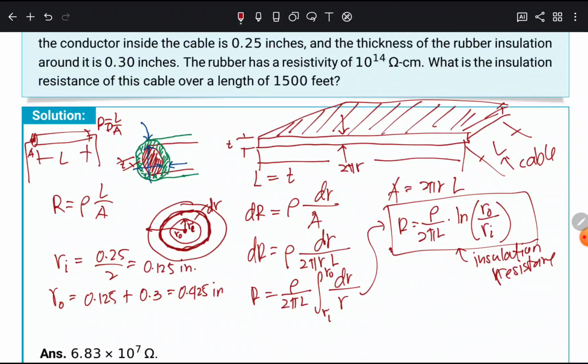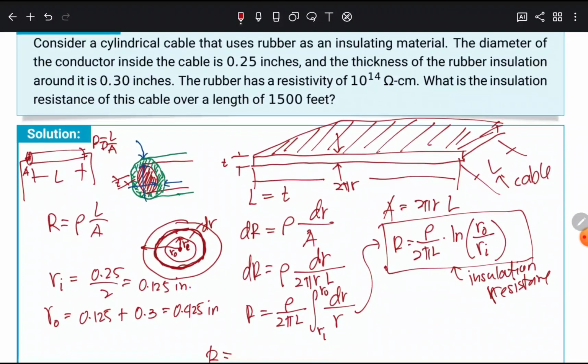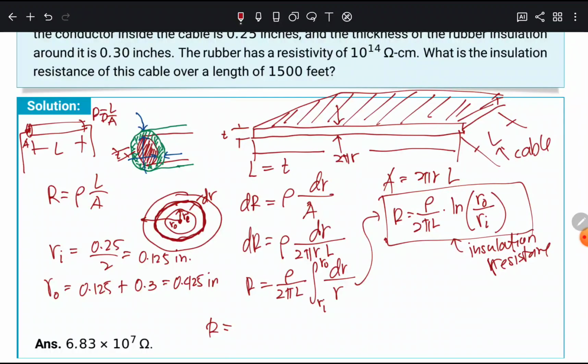And with all given, we have the resistance and the resistivity. The resistivity is just 1 times 10 raised to 14. Then you divide it by 2 pi. The length is, be careful of this. The length is 1,500 feet, and our resistivity is in ohm centimeter.